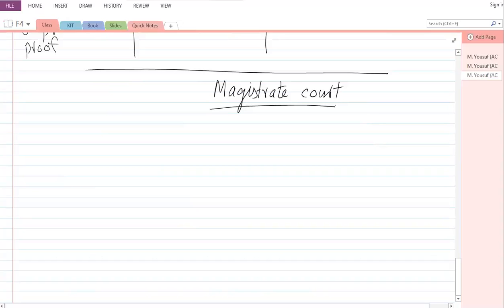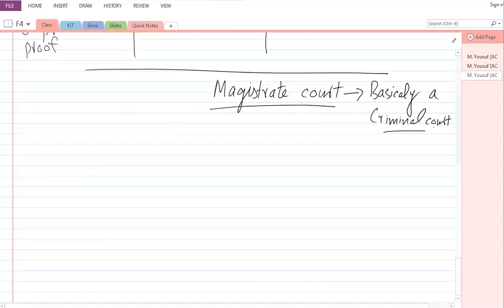The magistrate court is basically a criminal court. It deals with criminal law. Most of the cases that are heard here are criminal cases.